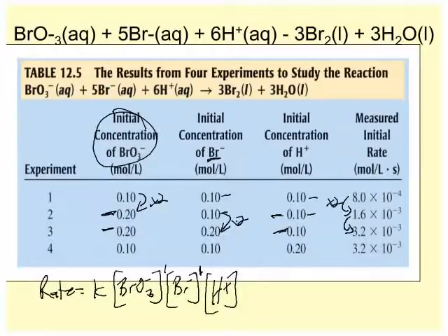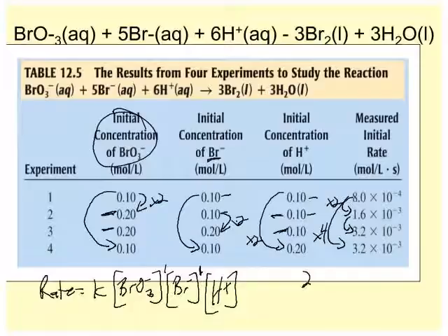And I'll find one where H positive changes and the other ones don't. So 1 to 4. Those are the same. And this is times 2. And this is times 4. So that's different, so it's second order. 2 to some power x equals 4. x would be 2, that's why that one's second order.